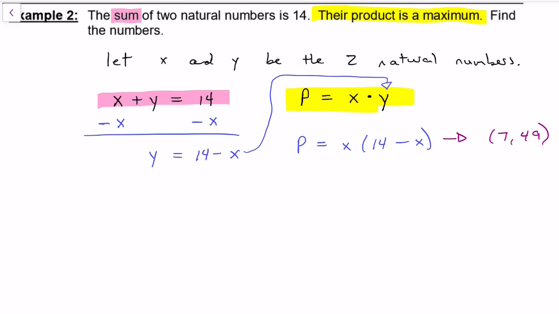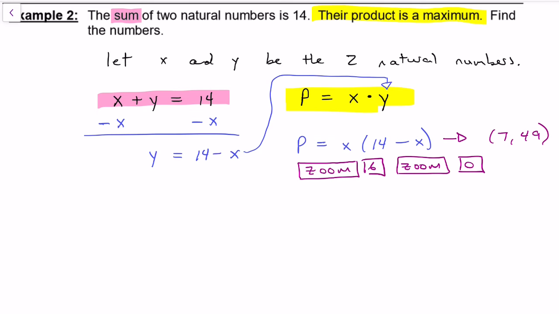If you're using a graphing calculator, what I would probably do is graph this, then press zoom 6, and after that press zoom 0. The calculator will try to fit the maximum on the screen. It's going to zoom out quite a bit, but you should be able to see the maximum.